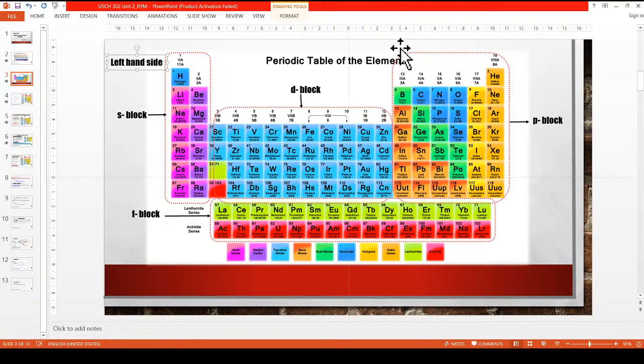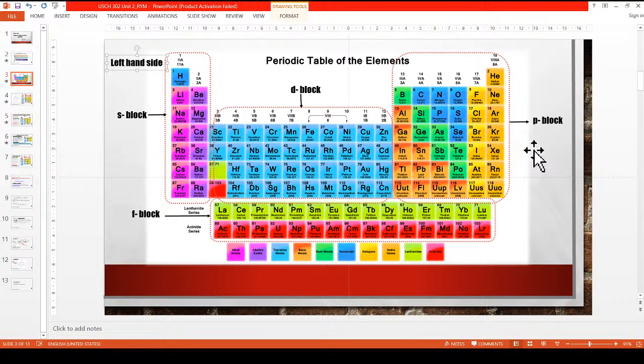The rest of the elements are 13 to 17. This group of elements forms the p block elements, and the p block is a combination of metals, non-metals, semi-metals. So p block is a very interesting part of the elements in the periodic table.